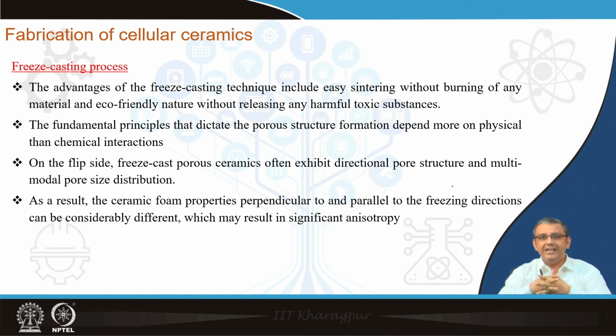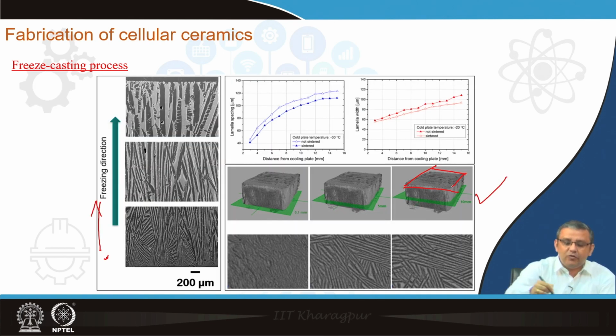That means there is a very nice connectivity between the pores, and that makes applications like filtering very much possible. But this freeze casting process has one major drawback, as we already see over here, that these pore structures are not isotropic.